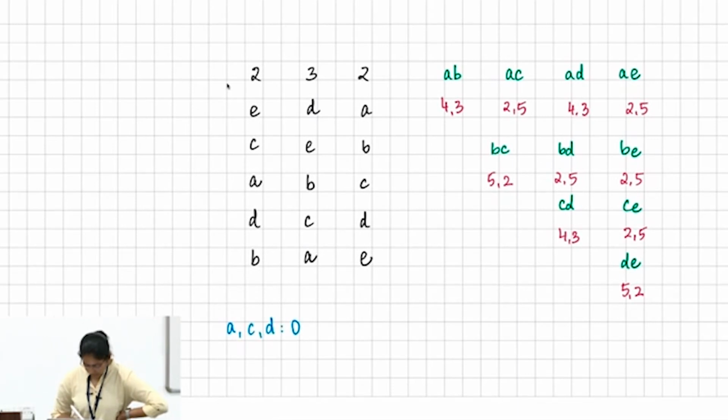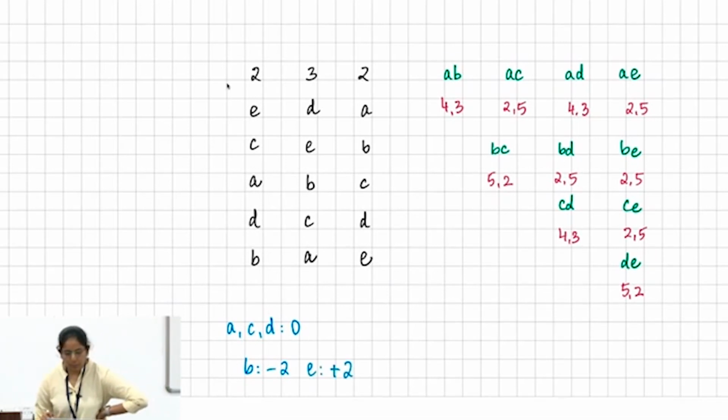So A, C and D all have a Copeland score of 0, which is to say that they win 2 and lose 2 of their pairwise elections. B has a Copeland score of -2 and E has a Copeland score of +2.